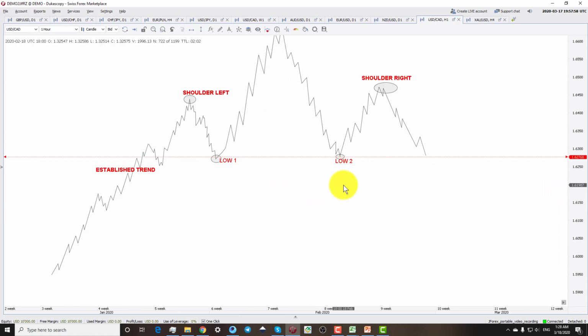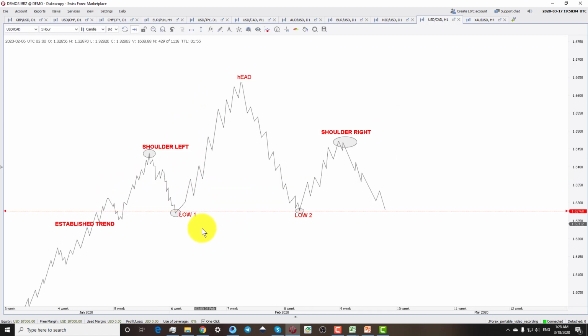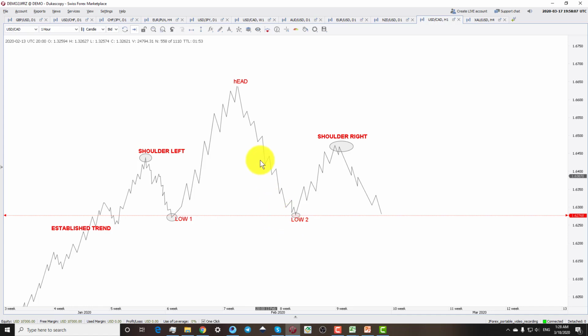Then I must tell you that low 1 is formed after the correction from the left shoulder is over, and low 2 is formed when the correction from the head is over. You have to join these two lows. These two lows may be higher and lower, or they may be at the same level. If they are at the same level, then it will be a horizontal line.